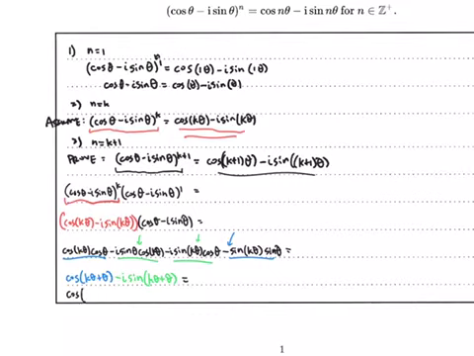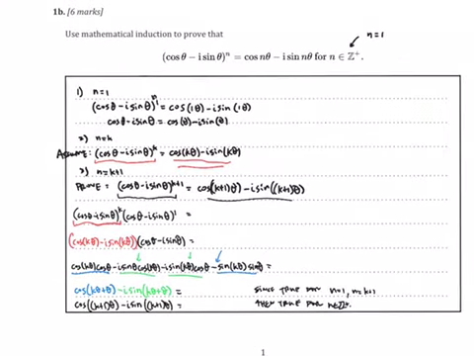So it'd be cosine of k plus 1 theta minus i sine k plus 1 theta. And there you have it. So we have to write a statement. Since true for n equals 1 and n equals k plus 1, then true for n in Z plus. Awesome. There you have it. That's a little de Moivre's theorem and some math induction.